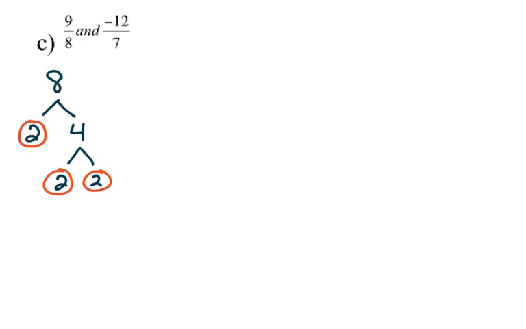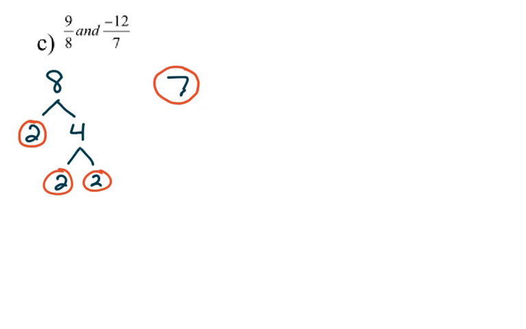Then I'm going to break down the number 7, and guess what? 7 is already prime. Now notice I ignored the negative in the numerator. When you have a negative number on the fraction, it is often easier, in this case, to put the negative with the numerator as shown here.